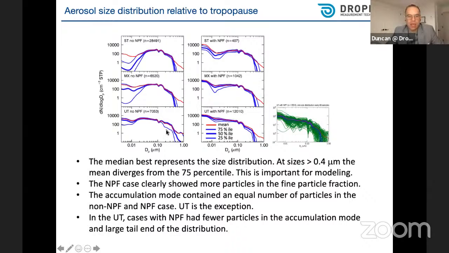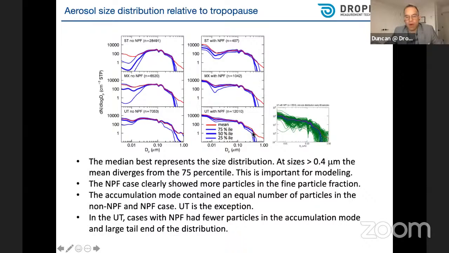So we see that for the upper troposphere with no new particle formation, we have a size distribution as follows, while the upper troposphere with particle formation looks somewhat different. One of the differences is that we have newly formed particles in the nucleation mode of the size distribution, smaller than 0.01 micrometers, or 10 nanometers.